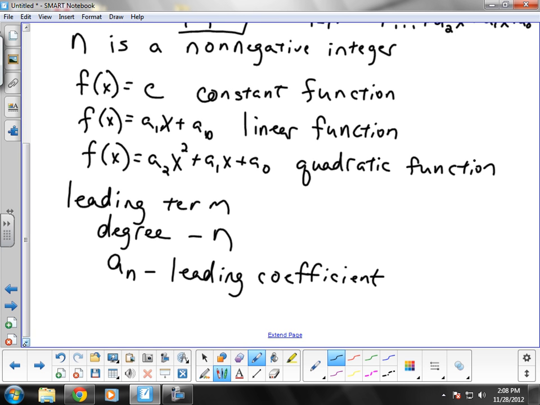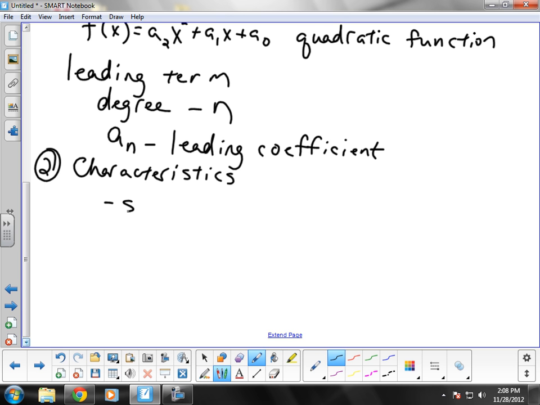These polynomial functions, their main characteristics, are that they have smooth, continuous graphs. Okay, continuous does not mean that it goes on forever, right? We're not talking about continuous as in English, we're talking about continuous as in math.